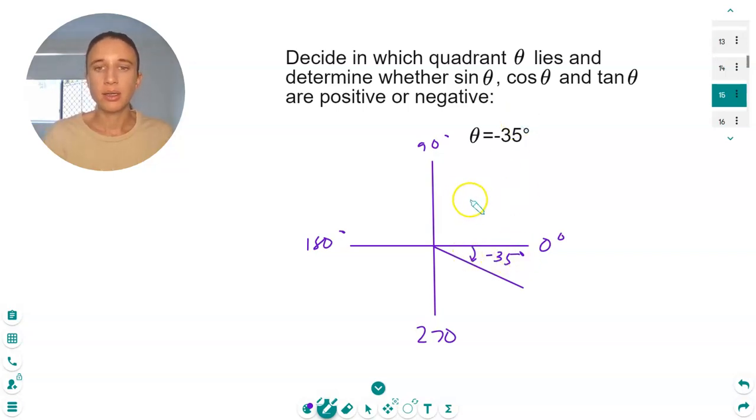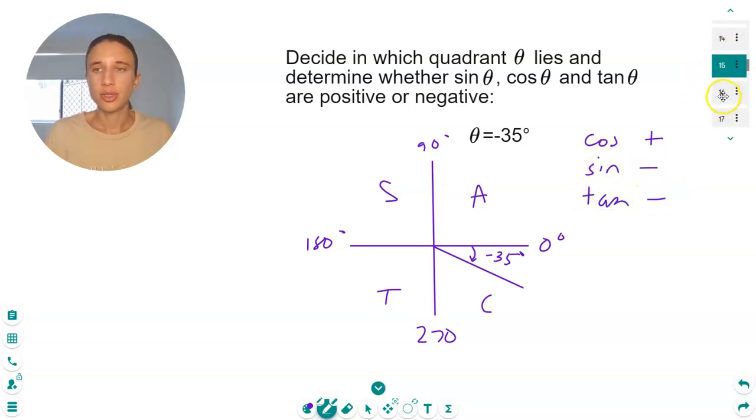And then we mark in all stations to central, starting in that first quadrant. So we're in the fourth quadrant for theta equals negative 35. That means C, which means cos positive, and the rest are negative.